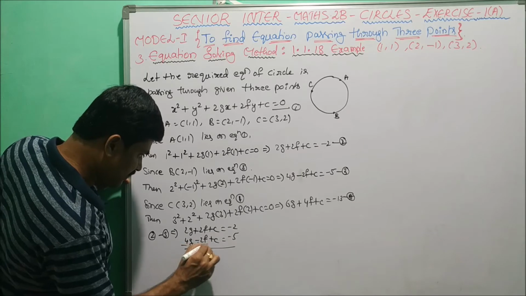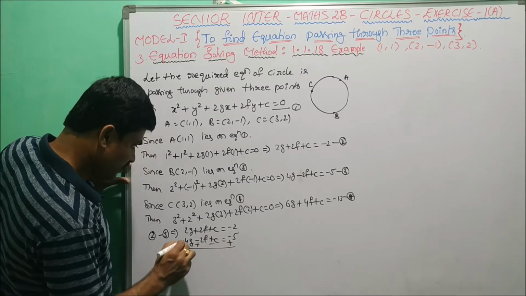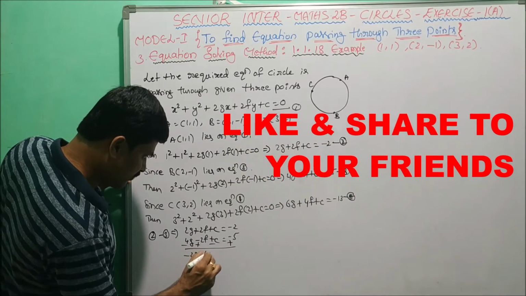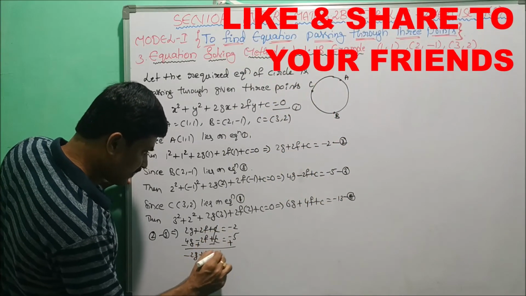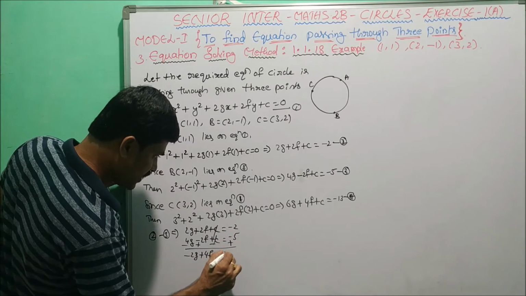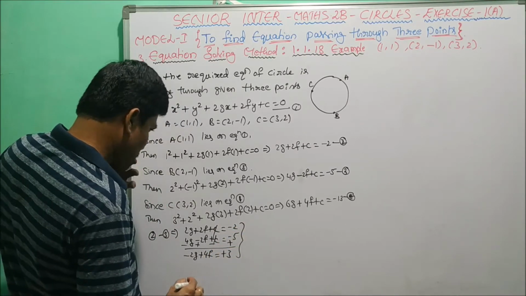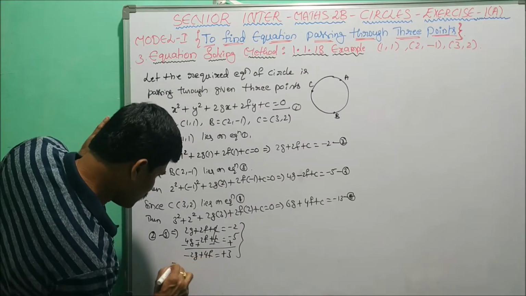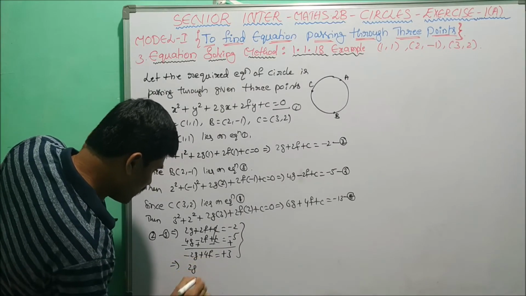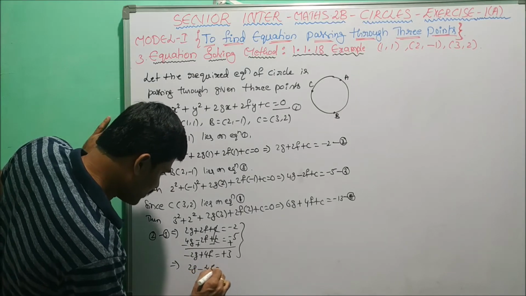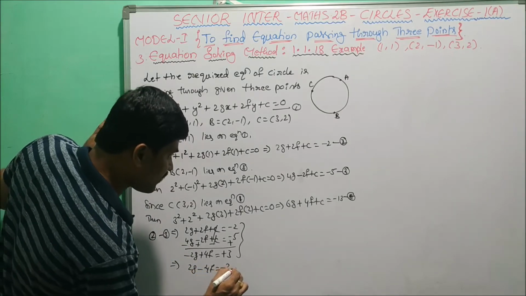This is minus, this is plus, this is minus, this is plus. So minus 4g plus 2g is minus 2g, this is plus 4f, c's are cancelled, plus 5 minus 2 equals plus 3. Now multiply with minus: 2g minus 4f equals minus 3, which is equation 5.